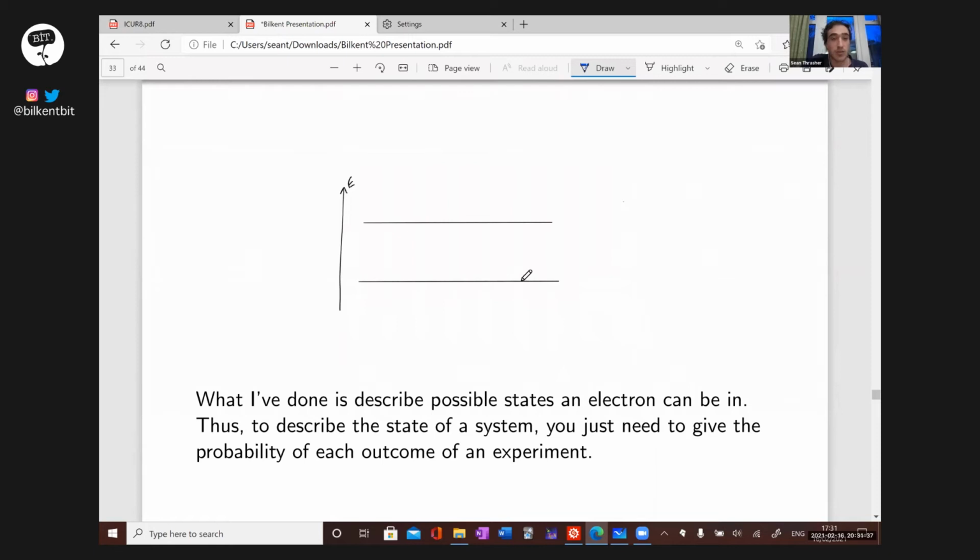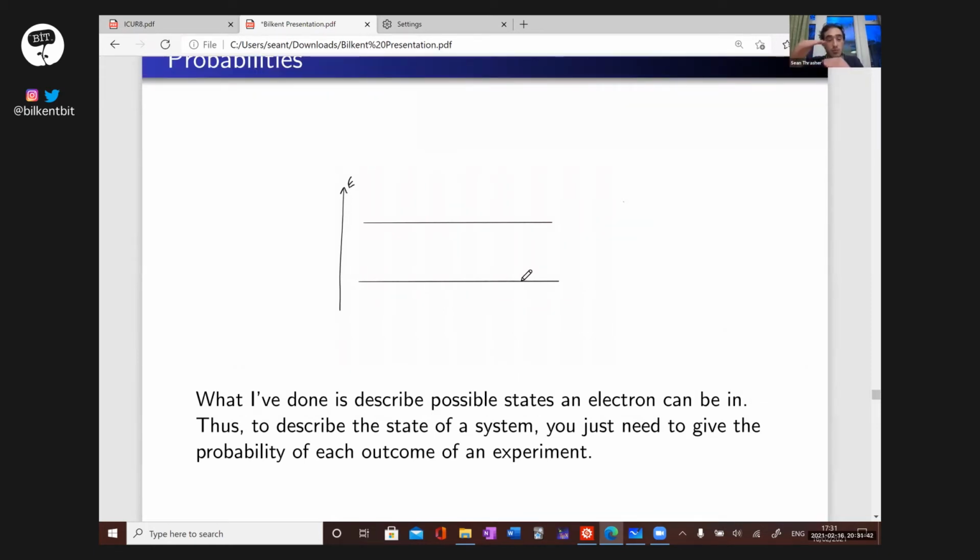So we've got the system of an electron in two possible energy levels. A state is simply, if I want to describe a state of an electron completely, I have to give the probability of each outcome of an experiment, and that's the best I can do.